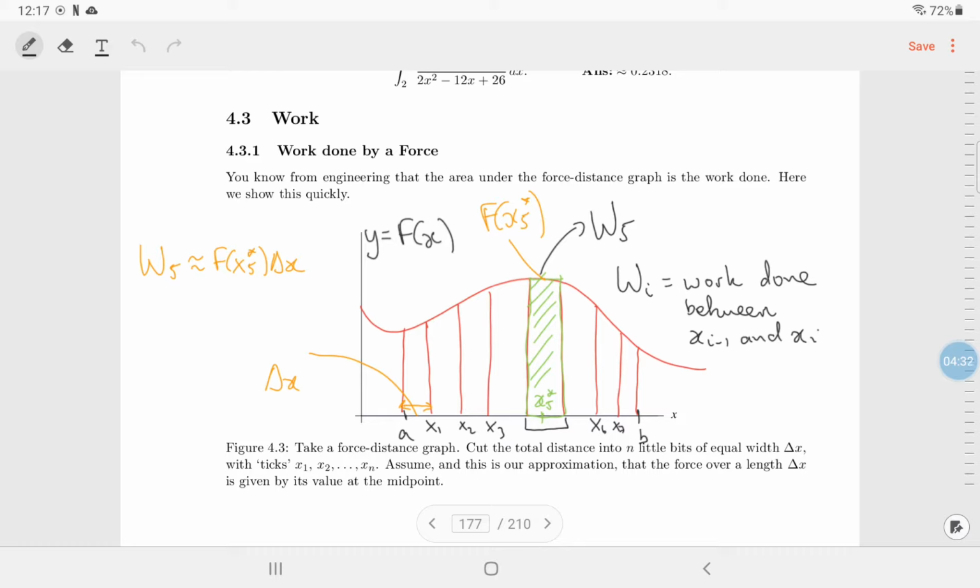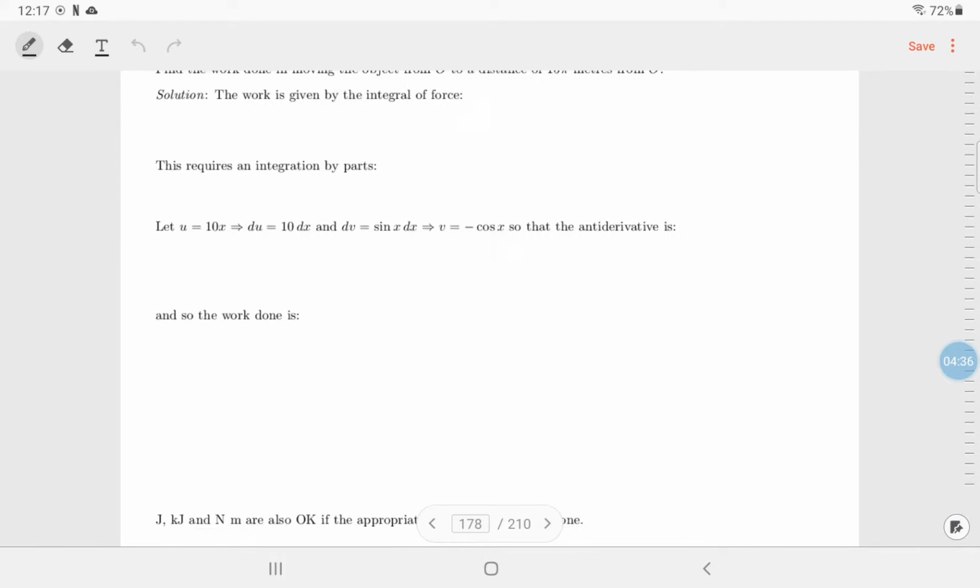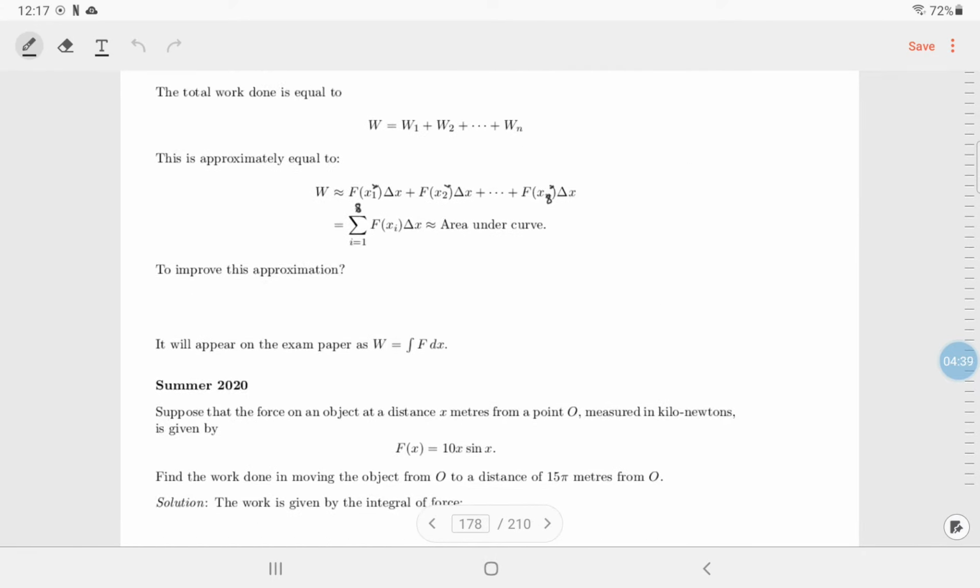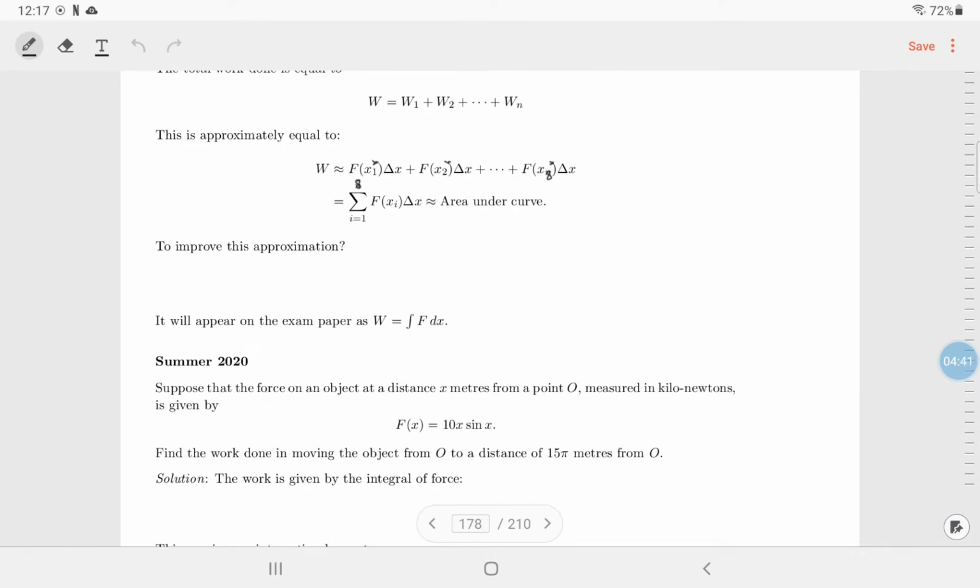All of this can be made more accurate if you take the number of strips to infinity, and that ends up being integration. So you get the limit as n, the number of strips, goes to infinity of this sum.